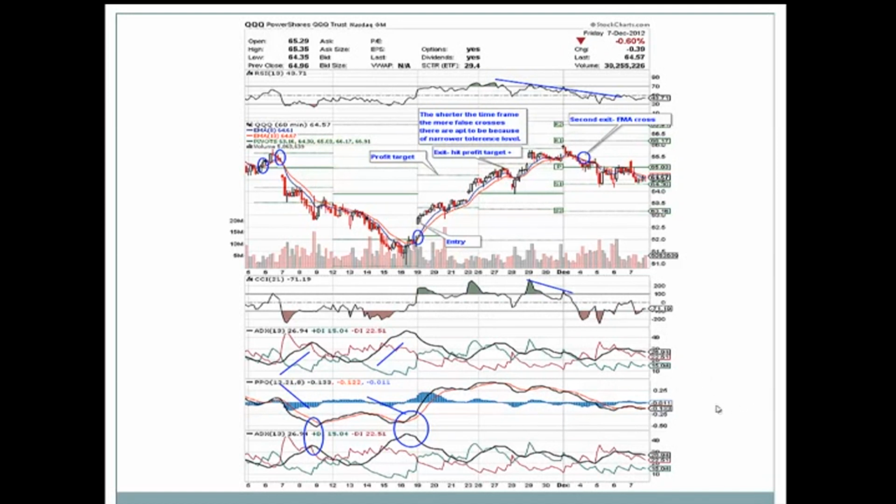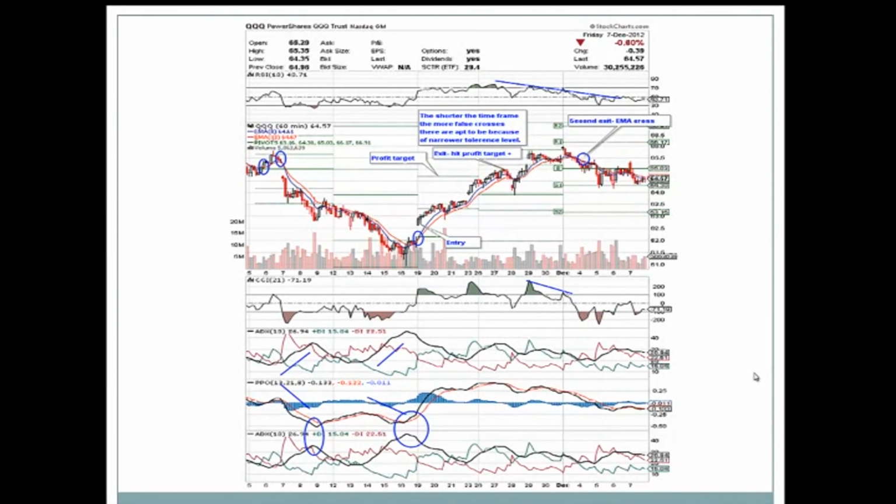In the case that the EMAs were still looking so strong and there was so much space between them, we could have then held until it got to that area, which is into the next week.